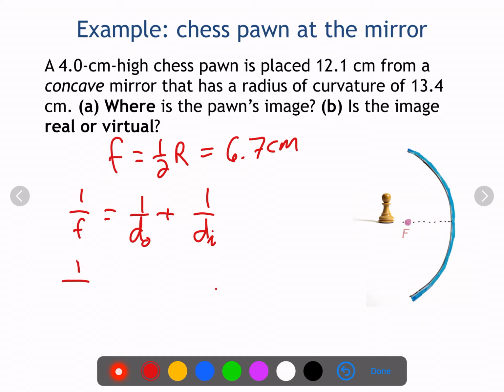So 1 over 6.7 centimeters minus 1 over the distance to the object, which was given to me to be 12.1 centimeters, will equal 1 over the distance to the image.